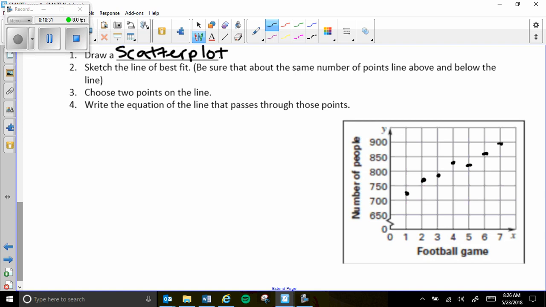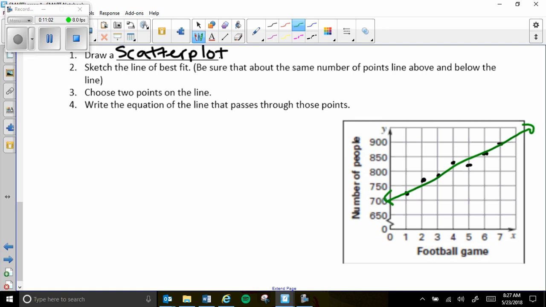Now again, I can't connect these with a nice line. I can't put all the points on the line, but I can approximate where I could draw a line. So I'm going to go through right about, sorry, it's a little bumpy, but I have approximately the same number above and below the line, okay? And if I look at this, it's a good approximation.